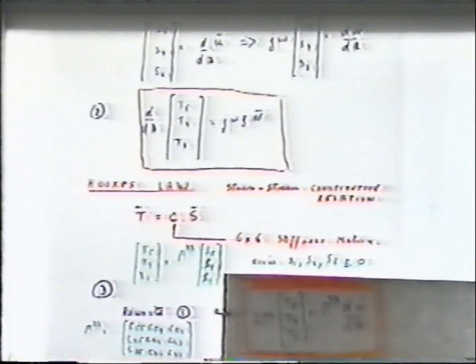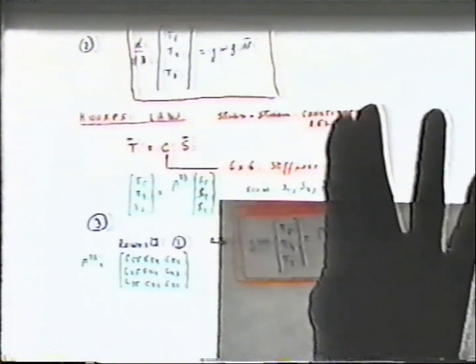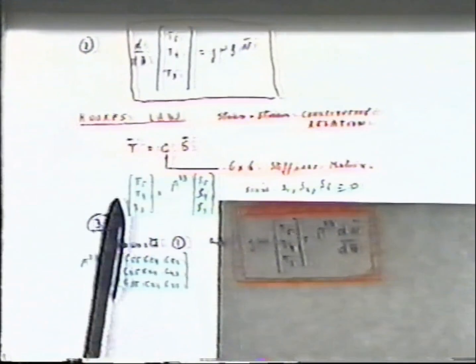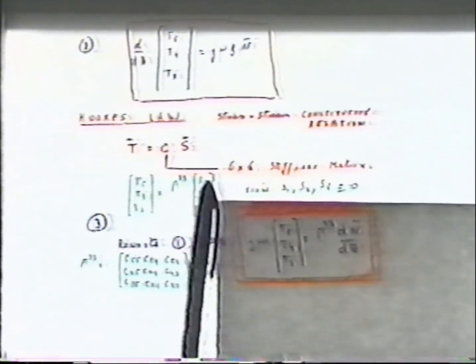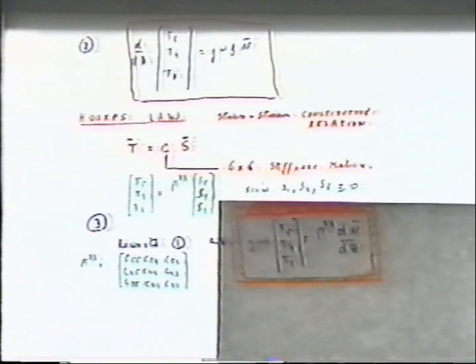So when you look up in your stiffness matrix, sorry, I've got to come up a bit. You'll find that the ones you need, the second index pertains to the stress label. The first index pertains to the strain label. So T5 will be related to these through these 9 elements.